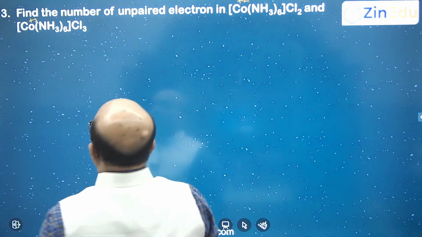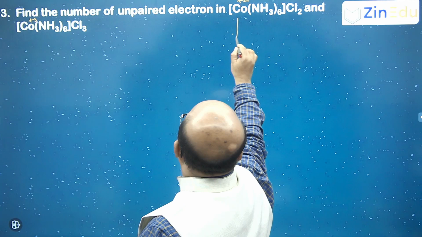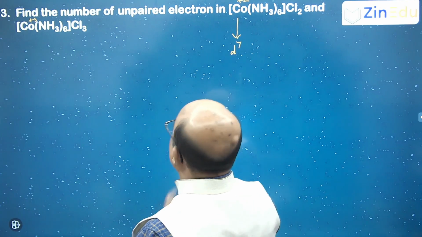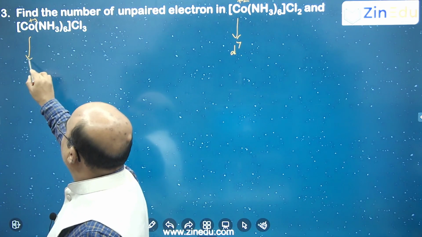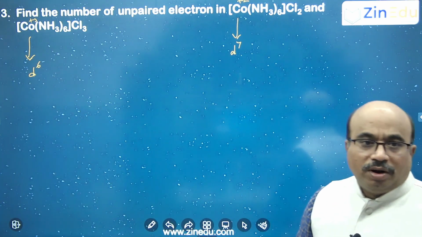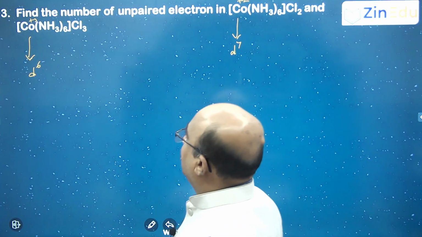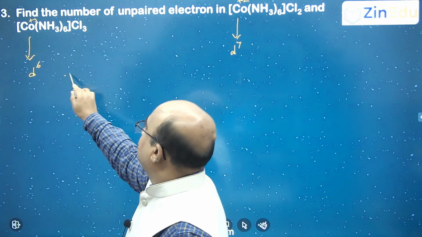Cobalt with ammonia generally behaves like a stronger ligand. Anyhow, this is a d7 configuration and this will have a d6 configuration. So when ammonia is acting as a stronger ligand, you will have here 0 unpaired electrons.